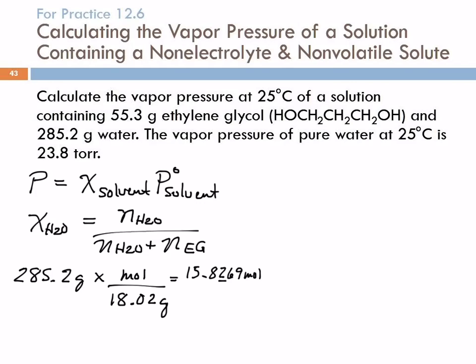So we've got 55.3 grams. And let's see, 1, 2, 3 carbons times 12.01 plus 2 oxygens times 16 plus 2, 4, 6, 8 hydrogens. 8 times 1.008. 76.094.